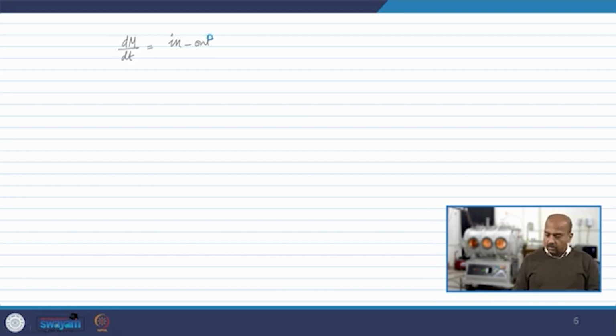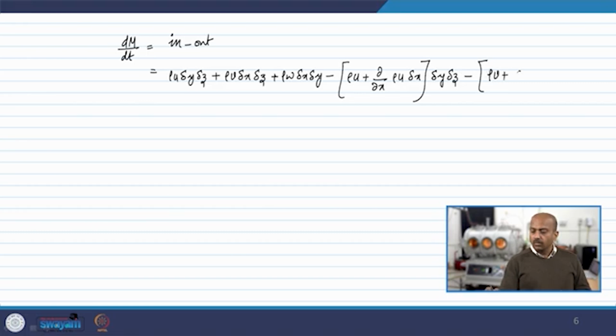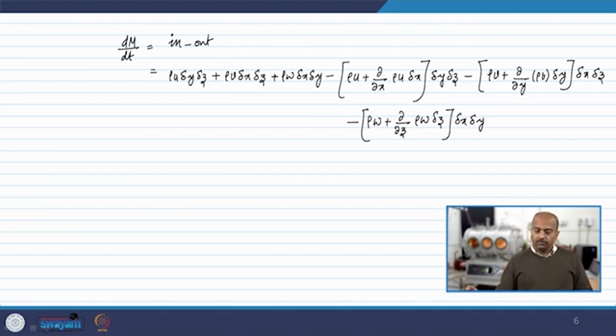So, we will just write all of these things together, which will be rho u delta y delta z plus rho v delta x delta z plus rho w delta x delta y, minus rho u plus dou by dou x of rho u delta x times delta y delta z, minus rho v plus dou by dou y of rho v delta y, delta x delta z, minus rho w plus dou by dou z of rho w delta z times delta x delta y.